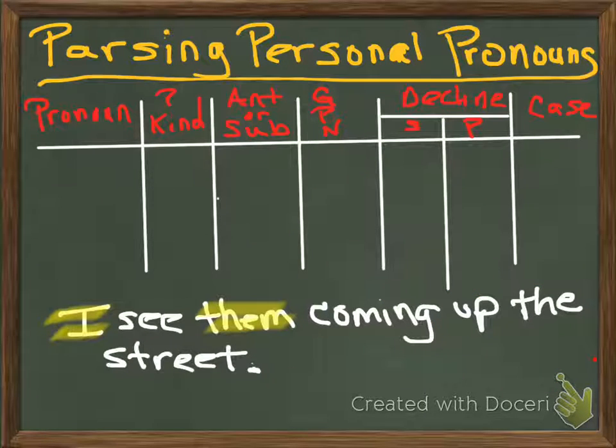Okay, so now that we know all that, when we get a sentence and we're going to parse or just lay out in a clear chart the main things we know about the pronouns, the first thing we have to do is remember the 6 steps.